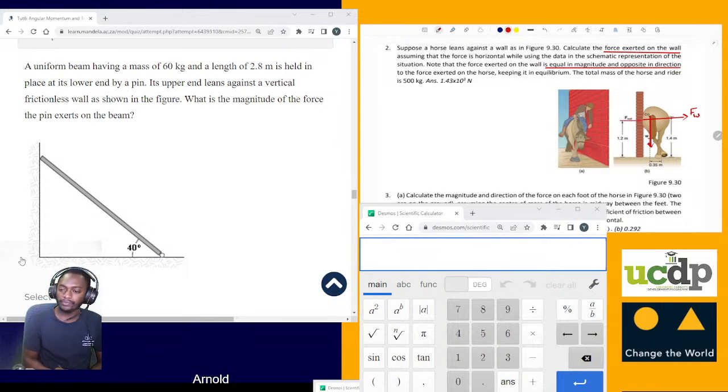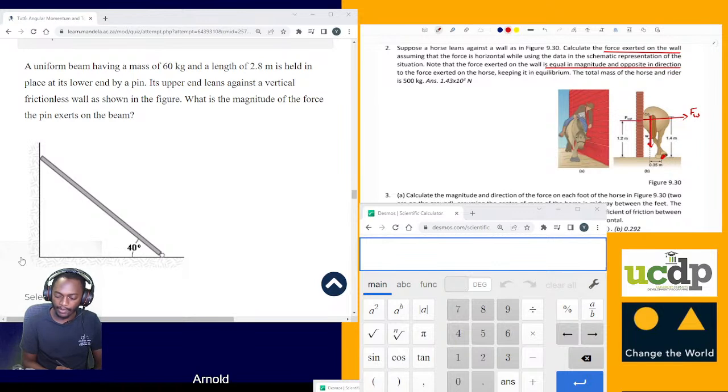Right, so we have to pick a point which is going to be our pivot, and then we take moments about that particular point that we would have chosen. I prefer to take moments about this point. That will be our pivot or reference in solving this problem.